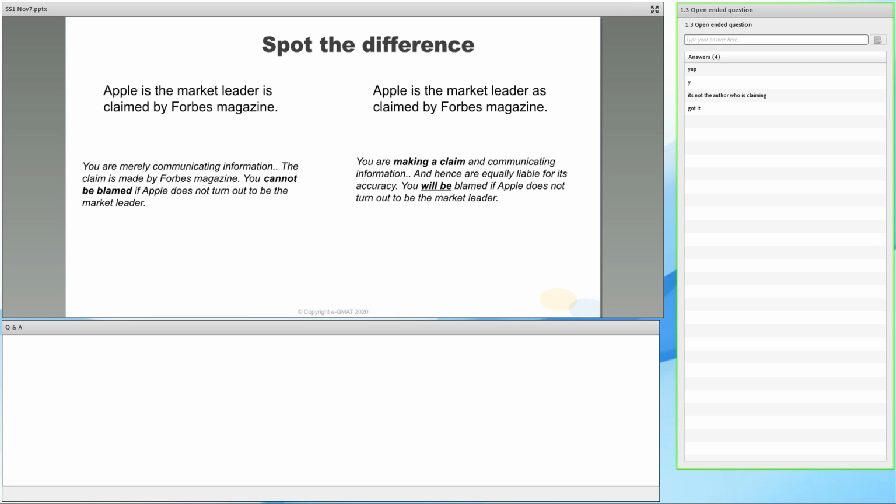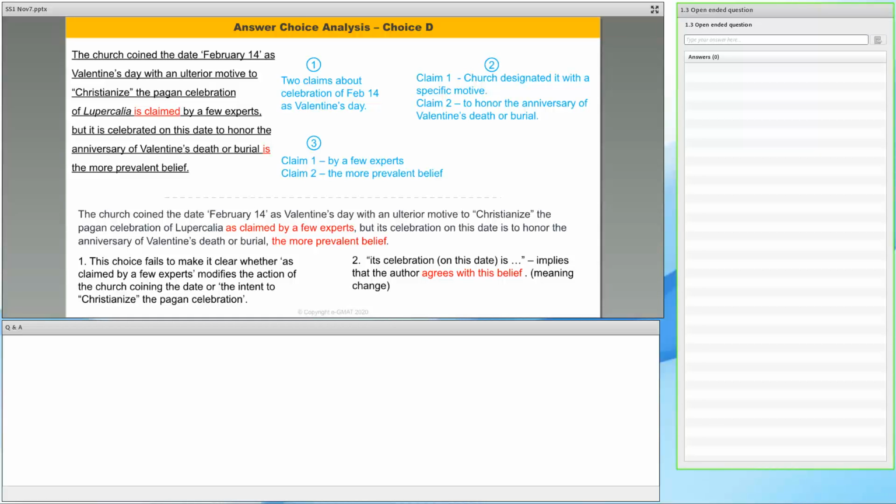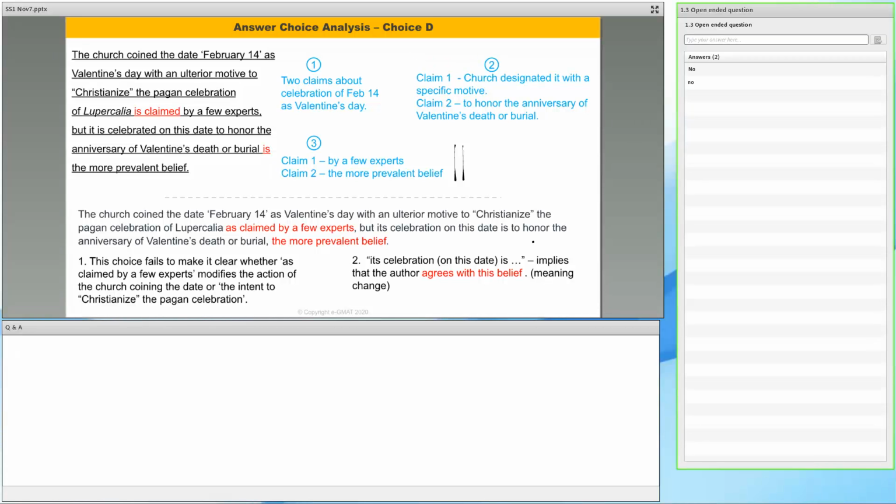In the second one, both you and Forbes will be blamed if Apple doesn't turn out to be the market leader. So let's look at the original sentence. In the original sentence, is the author making any claim over here? No. The author is not making any claim here. In choice D, the author is making both the claims. Claim 1 in choice D is made by the author.